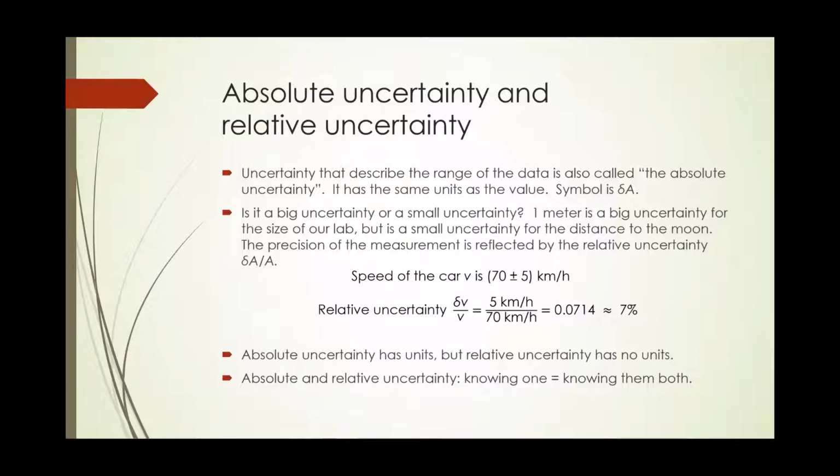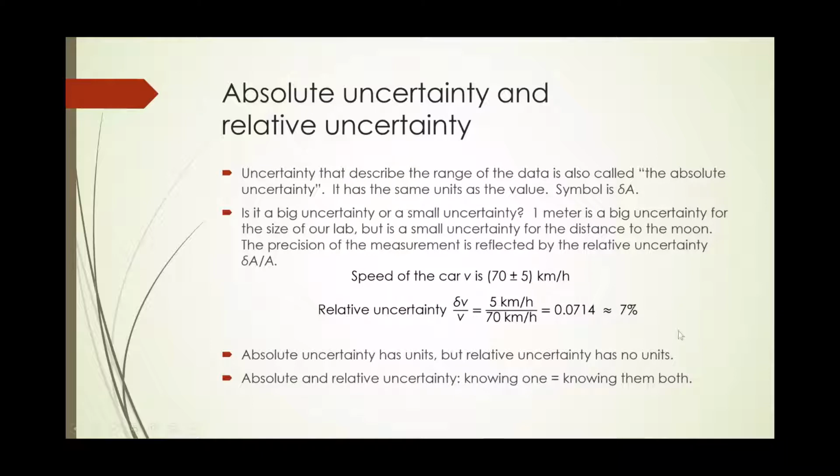But if you're talking about the distance to the moon, which is like 384,000 kilometers, then 1 meter would be a very, very small uncertainty relative to the value. So to describe how good the measurement is, or the precision of the measurement, you want to calculate the relative uncertainty. You take the absolute uncertainty and divide it by the value itself.